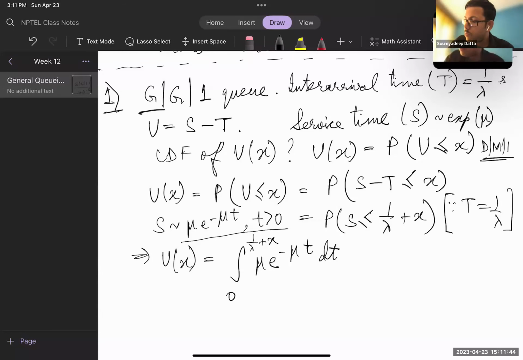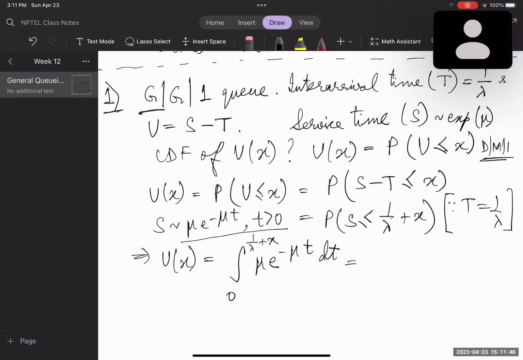Sorry to interrupt, but service times are given to follow mean alpha. Instead of mu here, they are using alpha, I think, in the question. In the assignment, so I am not exactly solving the assignment problems.